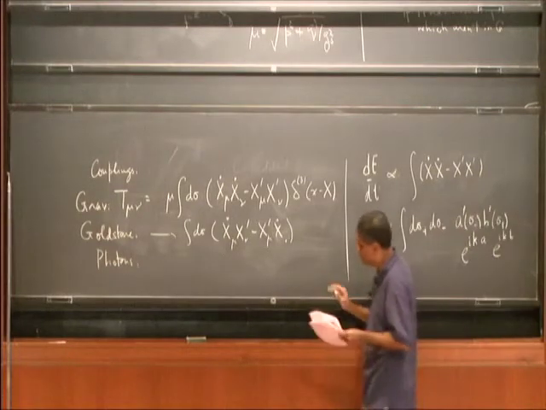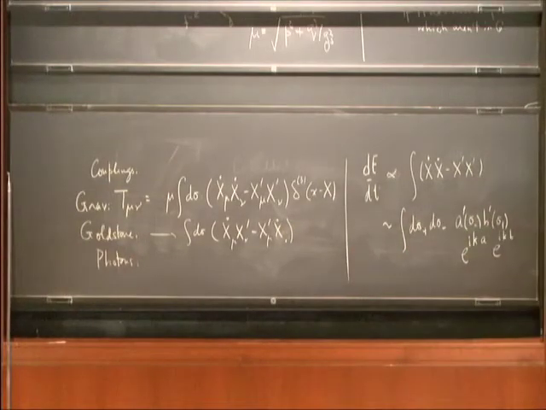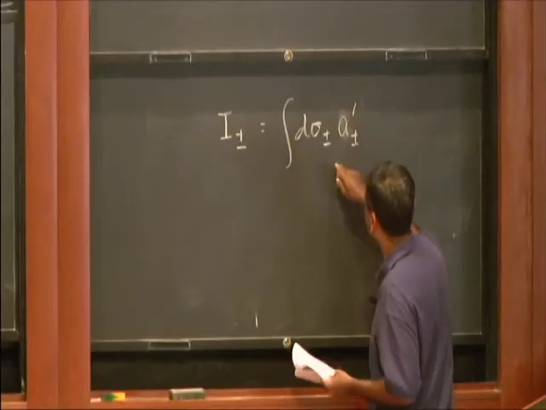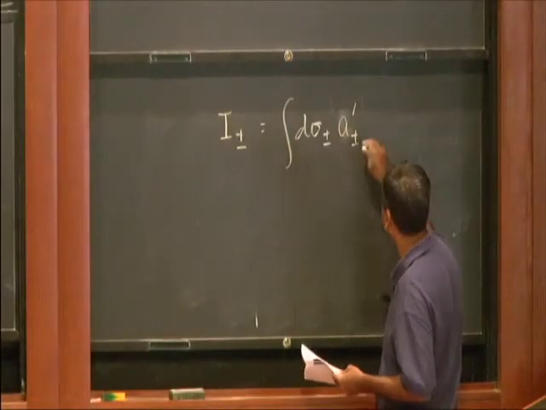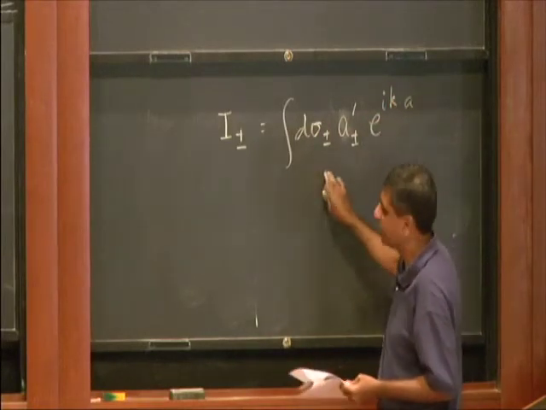Now the basic point here is that your energy emitted always depends on integrals I plus minus, which are sigma plus minus, and let me call it a plus minus prime. Instead of writing a and b, I'm writing a plus, a minus, and then e to the i k dot a.